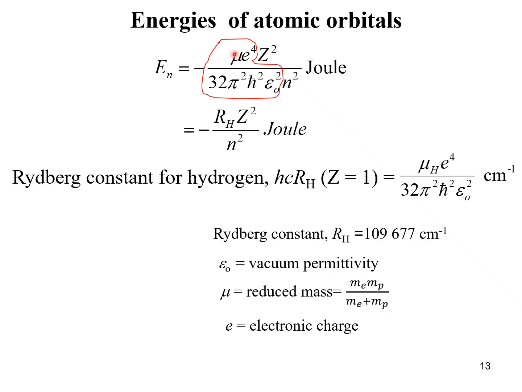The whole bunch of constants here can be labeled with the symbol R subscript H, known as the Rydberg constant. The Rydberg constant in units of wave number is equal to hc multiplied by the Rydberg constant, equal to these expressions here.